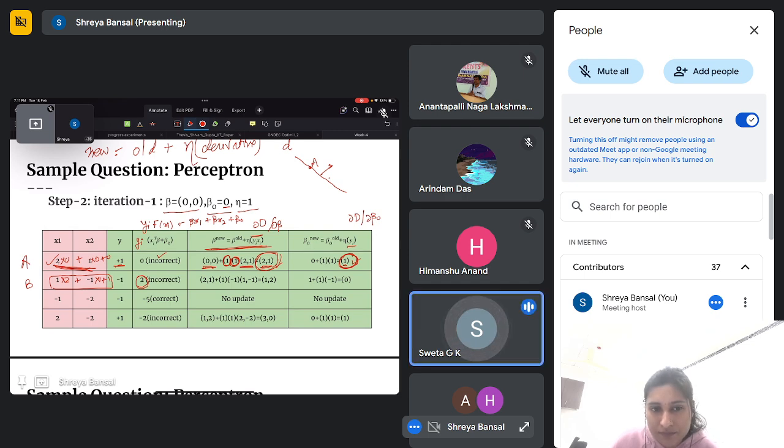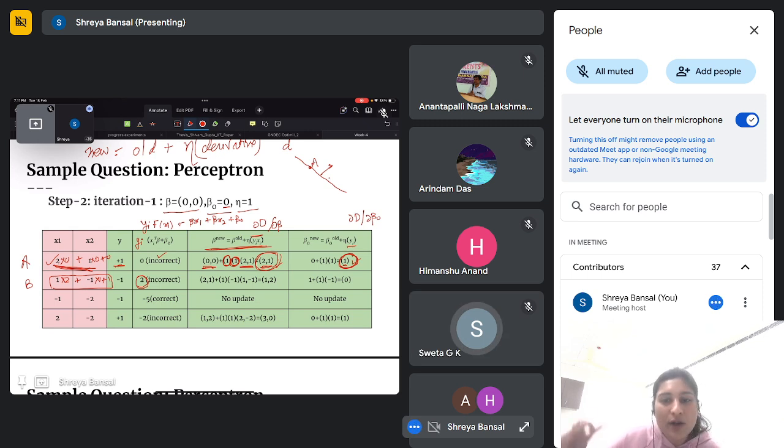Ma'am, so y is -1 and we didn't get a minus symbol, so it's incorrect. Yes, you got that. The product is negative, you can say. For computation, to make the computer know it, either you will say both the signs are opposite or the product of the signs will be negative. So it means it is incorrect.